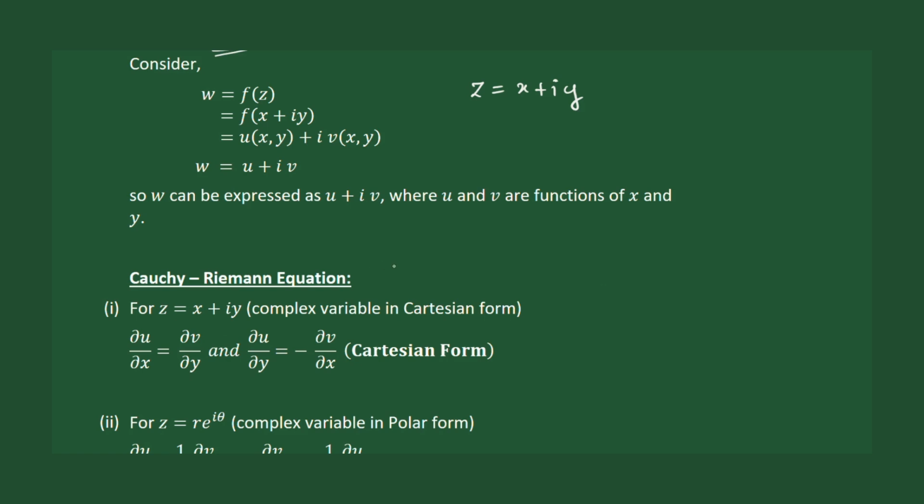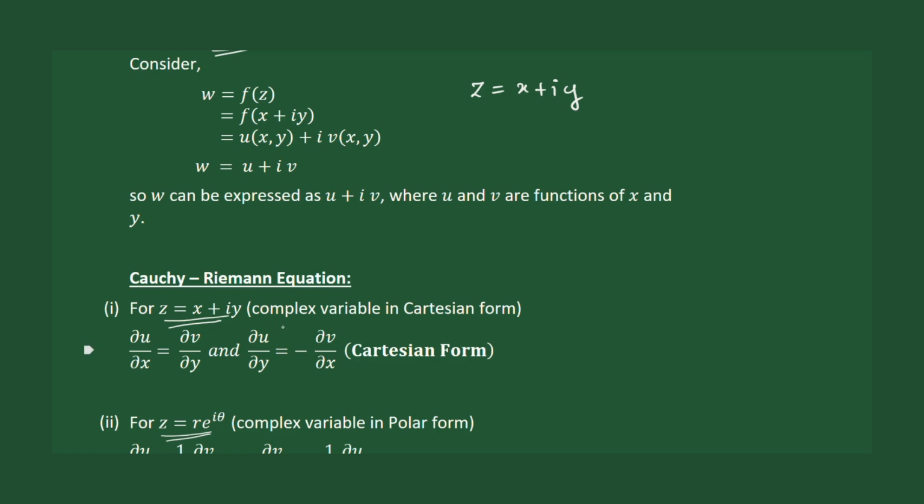Now based on this notation w is equal to u plus iv, we have to remember an equation called the Cauchy-Riemann equation. We have two types of Cauchy-Riemann equation: one for Cartesian form, another for polar form. We can express z, the complex variable, in Cartesian form as well as in polar form. In Cartesian form, z is considered as x plus iy, whereas in polar form z is considered as r into e power i theta.